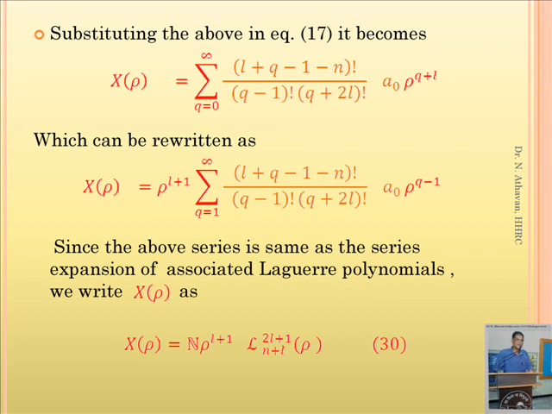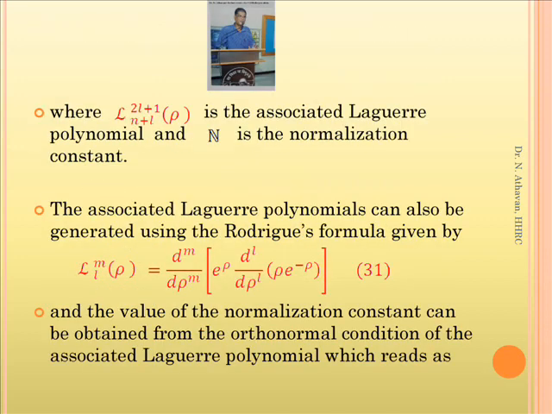After rewriting, x of rho is equal to n into rho power L plus 1 into L 2L plus 1 n plus L of rho, where L 2L plus 1 n plus L of rho is the associated Laguerre polynomial and n is the normalization constant. The associated Laguerre polynomials can also be generated using the Rodrigues formula as given in equation 31.